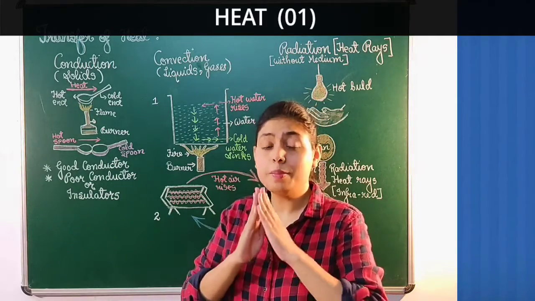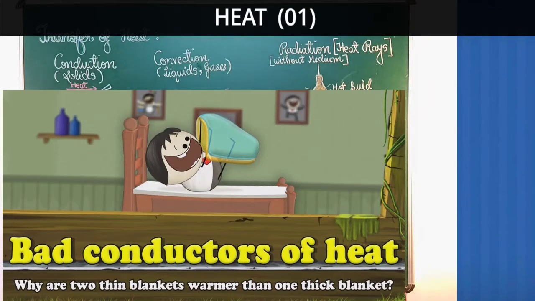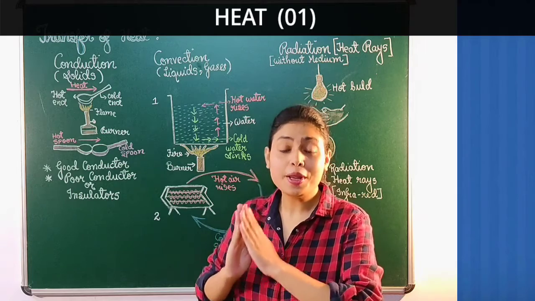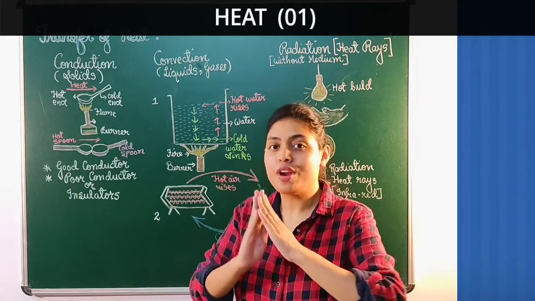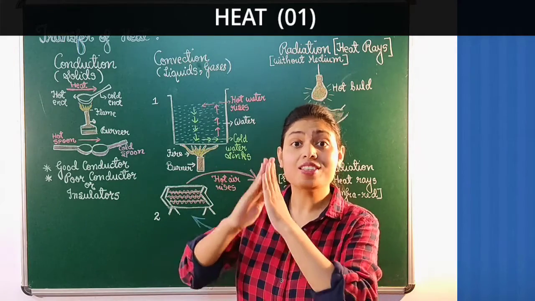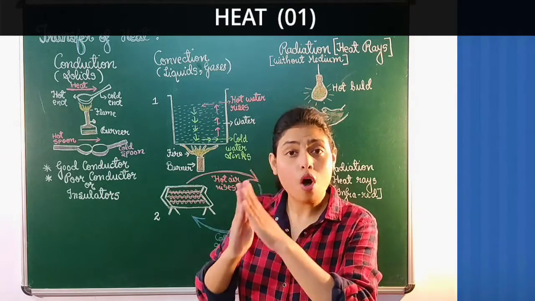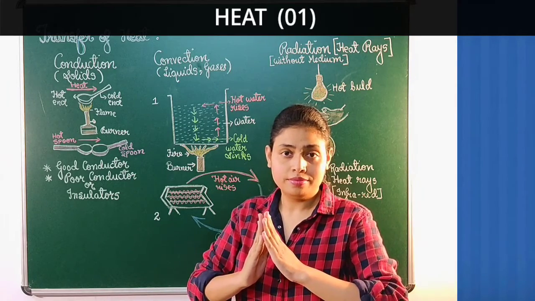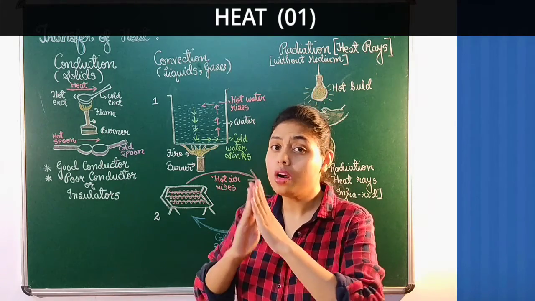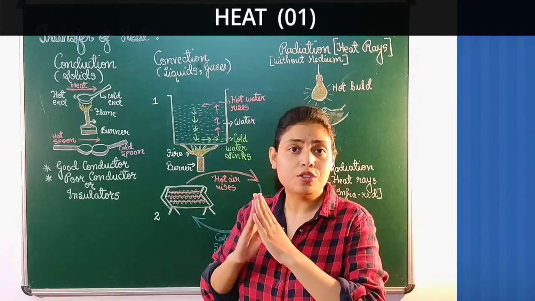In winter season, people prefer to have two thin woolen blankets as compared to wearing thick woolen sweaters. Why, children? Because the air gets trapped between these two woolen blankets and it provides extra insulation. That means it will keep your body warm. The air trapped between these two woolen blankets is a poor conductor of heat, and the woolen blanket itself is a poor conductor of heat.